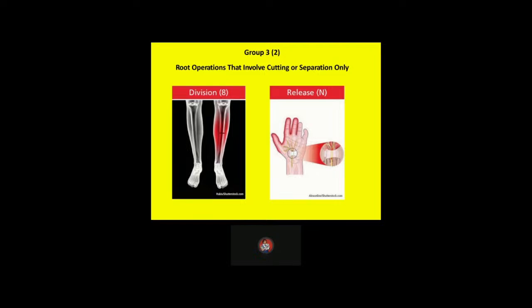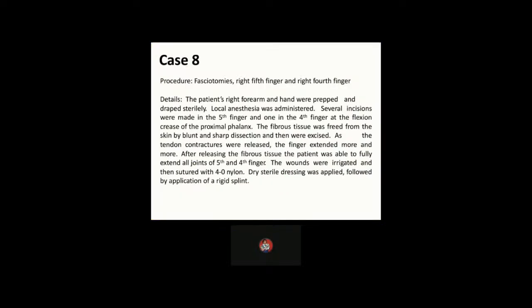In summary, it basically says that if the sole objective is to free a body part without cutting it, then the root operation is release. But if the sole objective is separating it or transecting it, you're going to be coding division. All right, so let's jump into some scenarios.